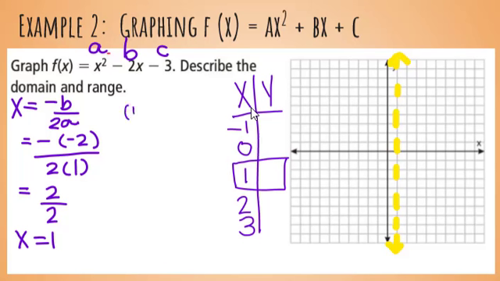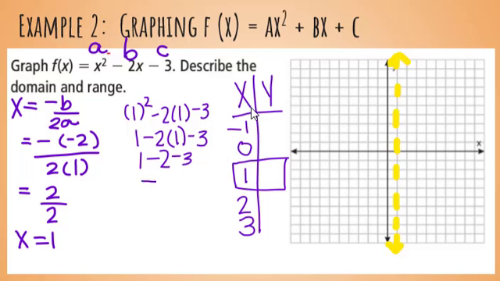So we're going to get 1 squared minus 2 times 1 minus 3. So 1 squared is 1. Then we jump down to multiplying. So negative 2 times 1 is negative 2. And then from left to right, 1 minus 2 is negative 1. Negative 1 minus 3 gives us negative 4. So our vertex is at 1, negative 4.